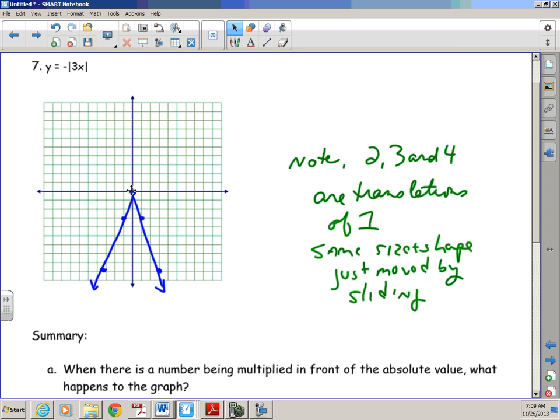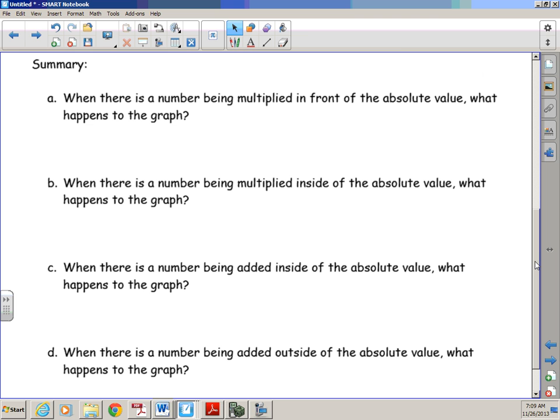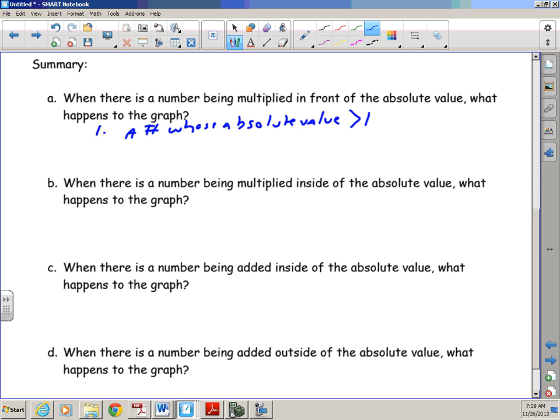So let's recap what happens in absolute value. When there's a number being multiplied in front, all right, 3 things. Number 1, a number whose absolute value is greater than 1, it contracts the figure.